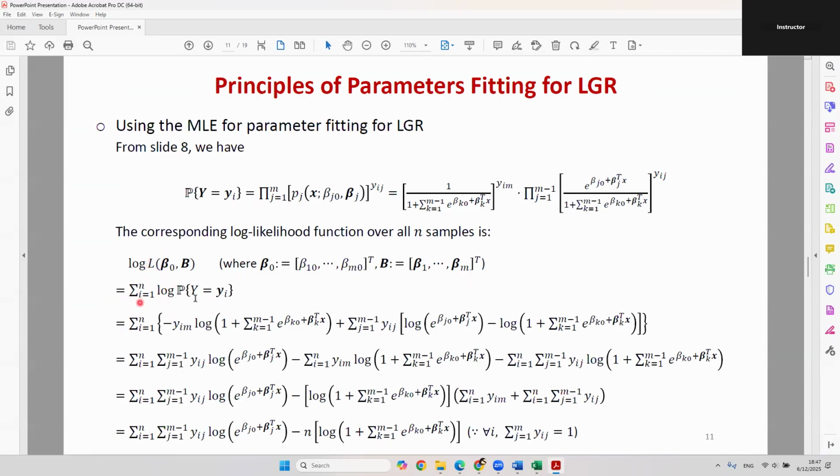So again, by definition, it is nothing but a summation from i equals 1 to n. Be careful here, n is the number of observed data. Then you can get this, and let me just take the sigma out. Let me make it bigger.